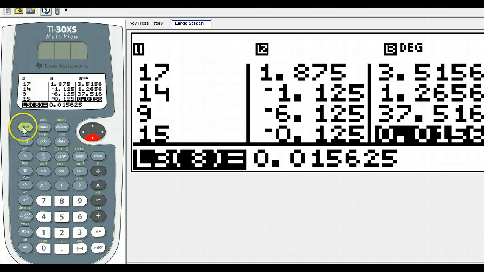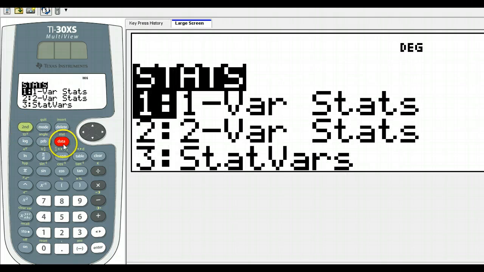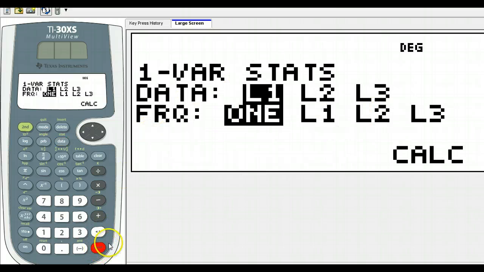So like we did before, we want the stat menu. So I will hit second data to get in here. So we want one variable statistics, so we hit enter. Now the only thing we have to watch out for is this time we don't want to do the statistics for list 1.